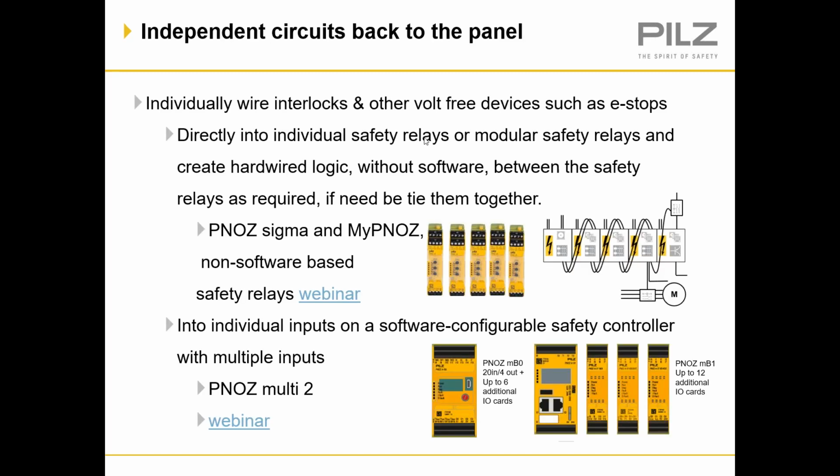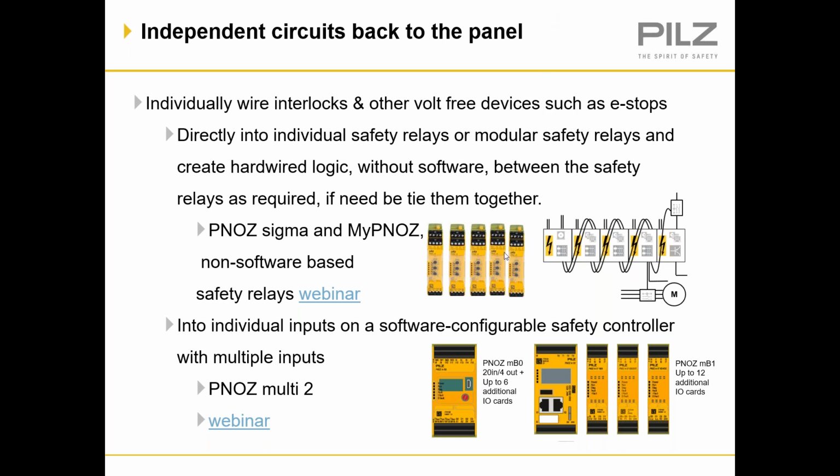So one way is independent circuits back to the panel. You can individually wire interlocks and other volt-free devices, such as e-stops, directly into the individual safety relays or modular safety relays and create hardwired logic without software between the safety relays, and you can tie them together as required.